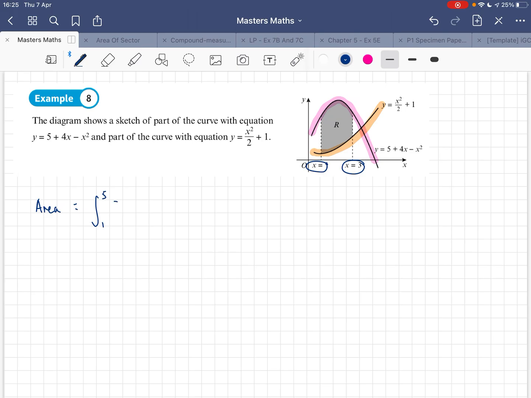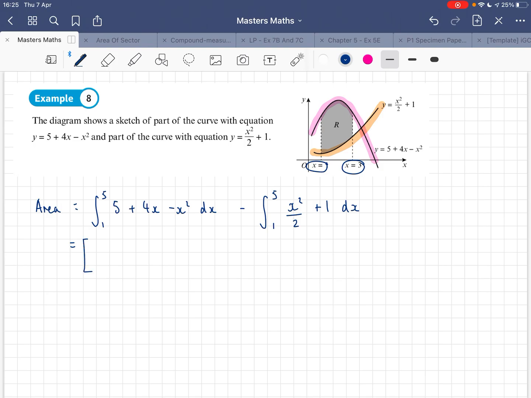The first curve, which is 5 plus 4x minus x squared dx, and then we're going to subtract the integral between 5 and 1 of x squared over 2 plus 1 dx.